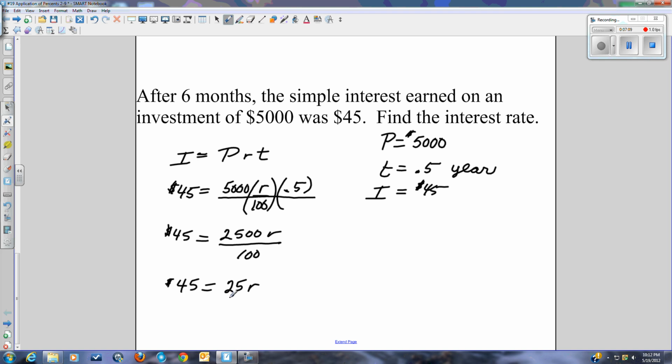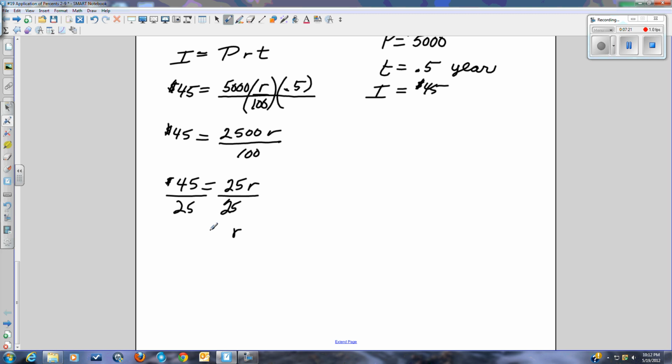We want to get R alone, so we're going to divide each side by 25. And 45 divided by 25 gives you 1.8. So your interest rate is 1.8%.